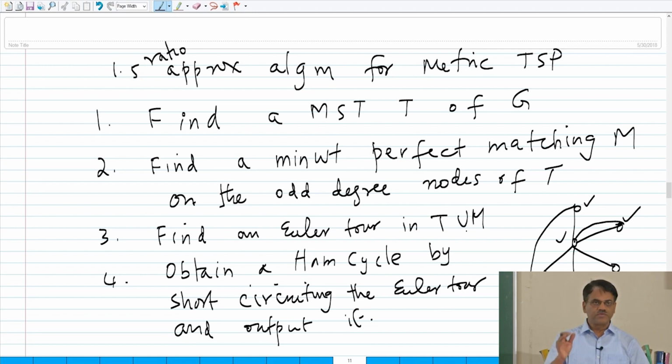Euler tour, minimum spanning tree, and I think this 1.5 is also the best known. Maybe recently there are some improvements for certain variants of the traveling salesman problem, but I do not remember whether just for metric it has been improved from 1.5 or not.